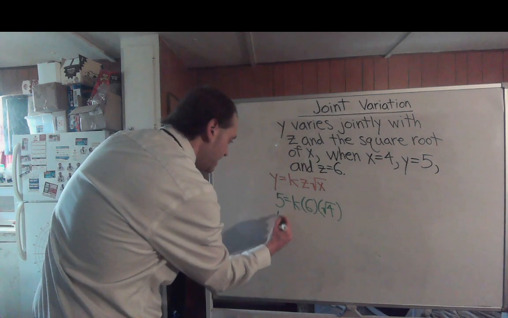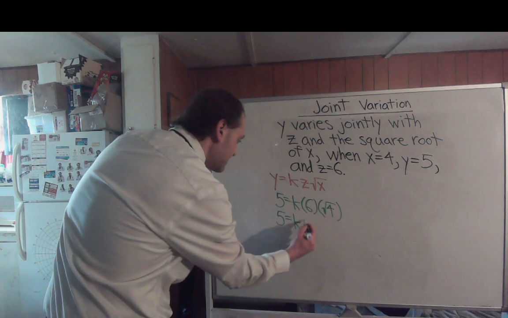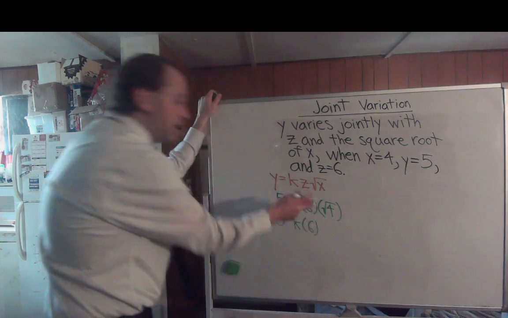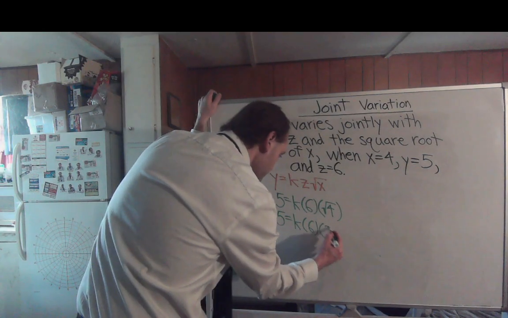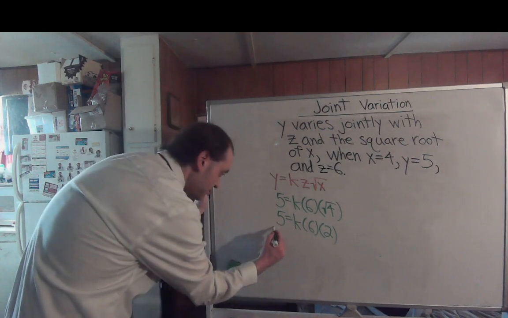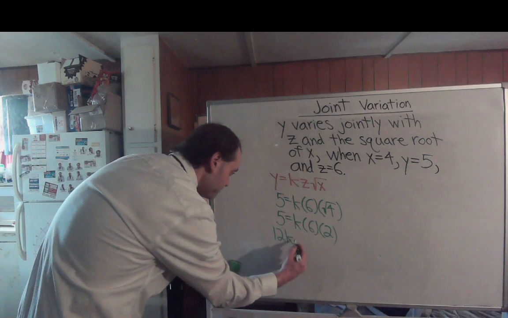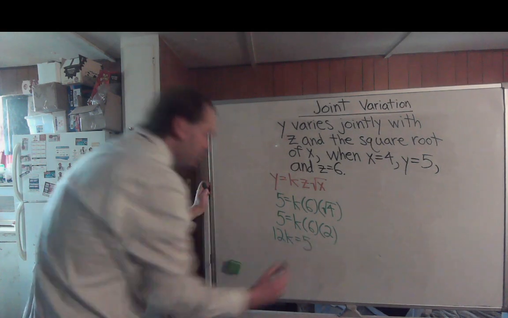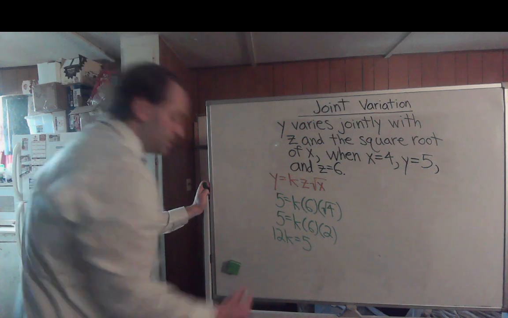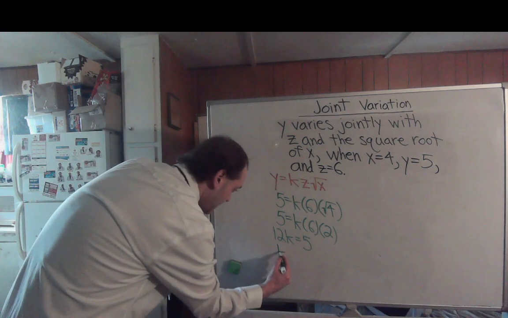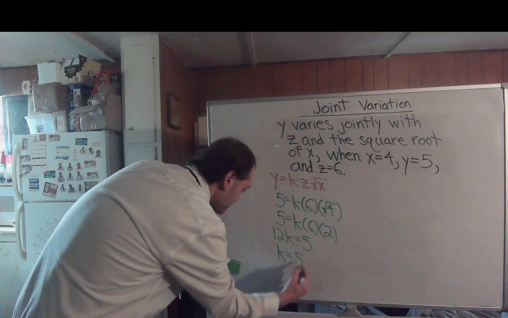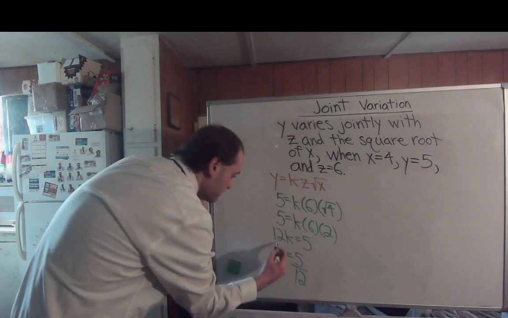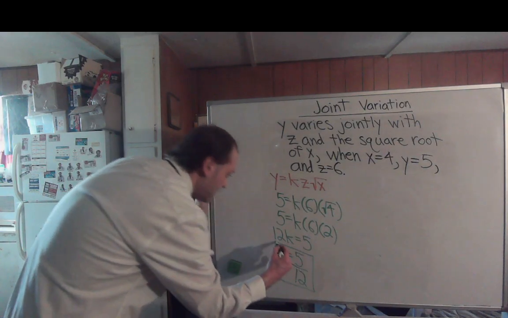That means 5 is going to equal k times 6. Now what's the square root of 4? That's 2. So 6 times 2 means that 12k equals 5. So that means simply that k equals 5/12. So your constant of variation is going to be 5/12.